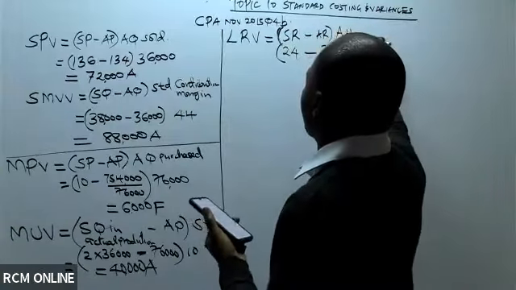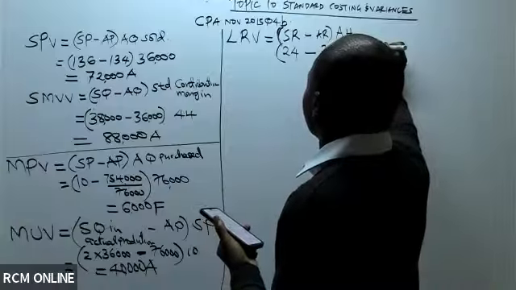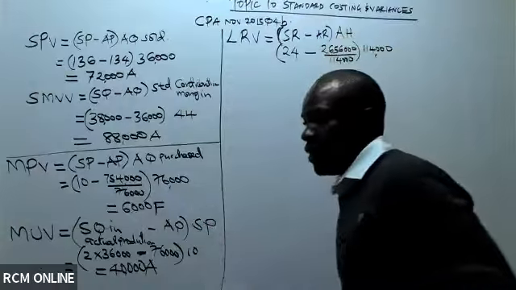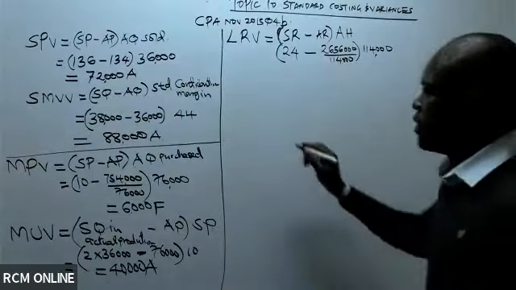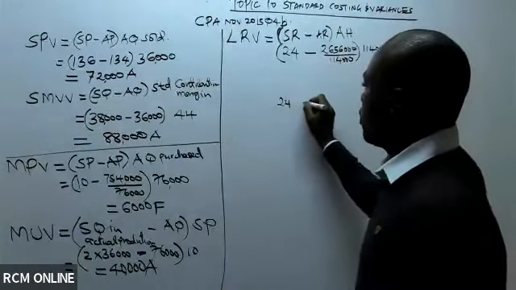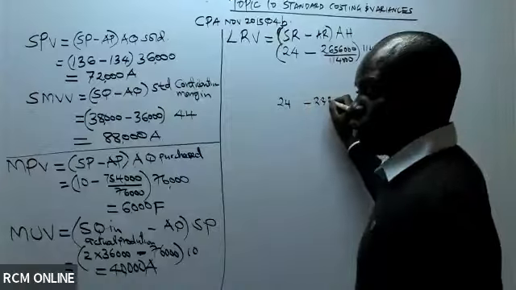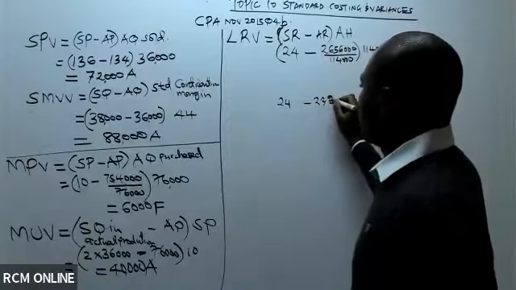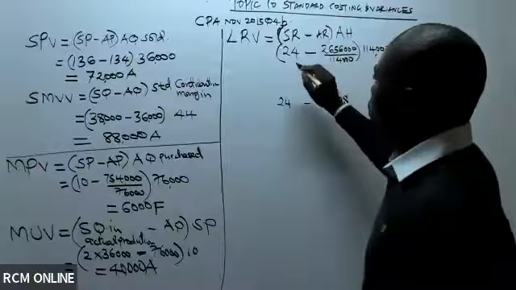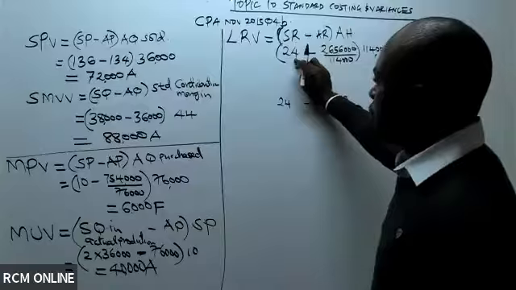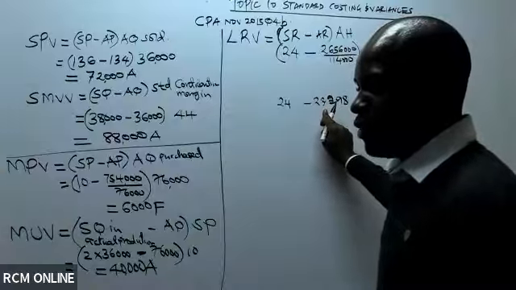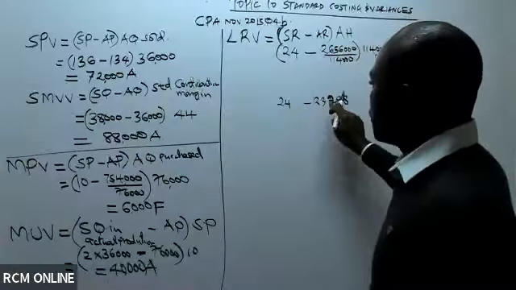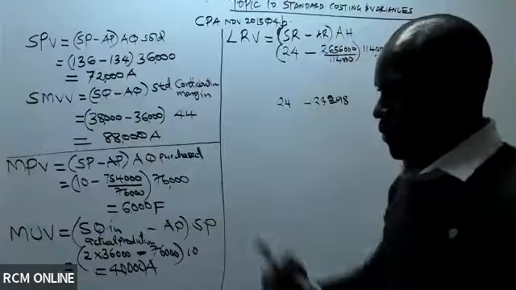Then we multiply by actual hours, which is 114,000. What did I say? Under variances, we don't round off. But of course, we've been given that to be able to compare 24 and 23.298. So if you budgeted to pay 24 and you ended up paying 23, you've actually saved, and because you've saved, it will be favorable.